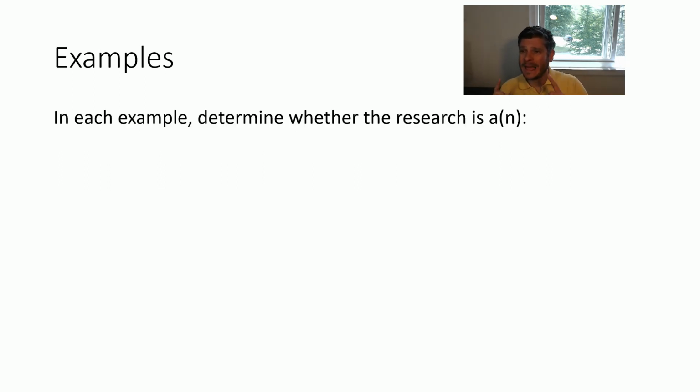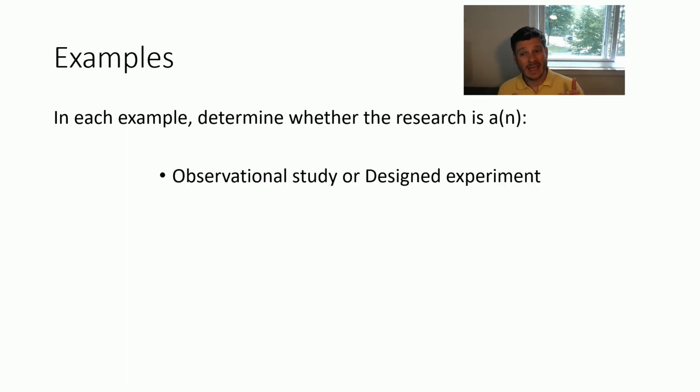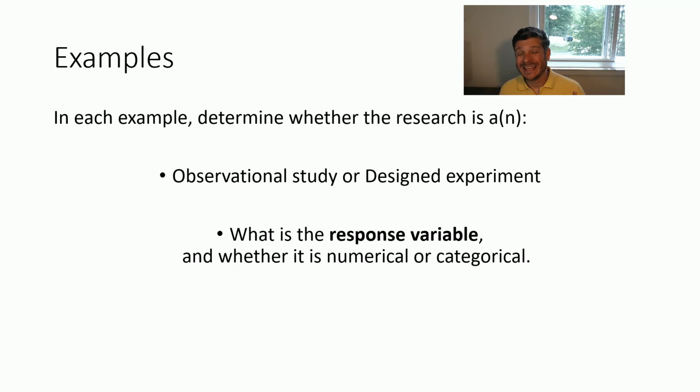Okay, now let's see if we can take what we have learned so far in this video and actually apply it to a couple of scenarios. So I'm going to give us 4 examples, and in each of these examples, I want you to determine whether the research is, first of all, an observational study or a designed experiment, right? Then the next question, in each research scenario, what is going to be our response variable?